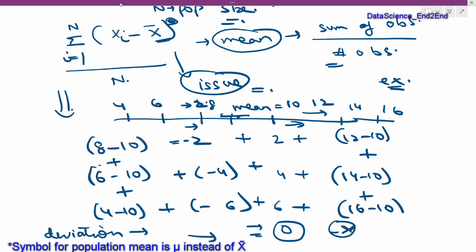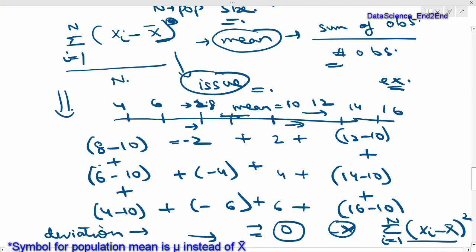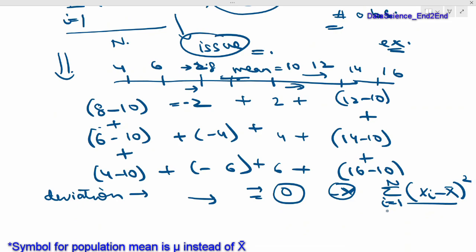To solve this problem, we square the deviation and then do a sum. That means we are doing summation i equal to 1 to n of (xi minus x bar) squared, divided by n. This is the formula for variance.